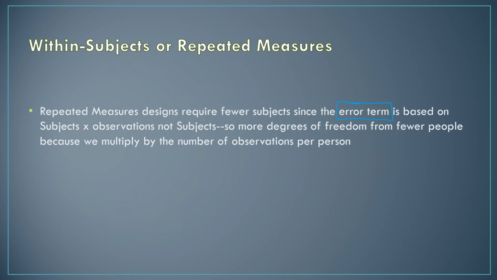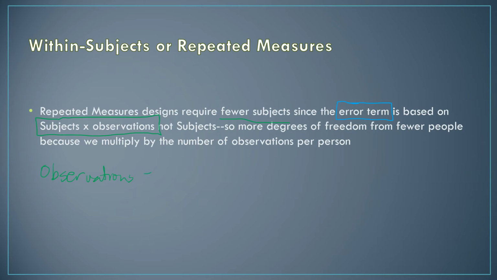But now you have a different kind of error term that needs to be calculated for these within subject designs. And so that has to be taken into consideration, but it makes it so you can have fewer subjects or participants.